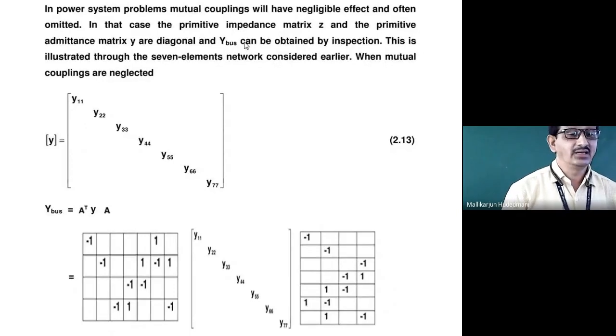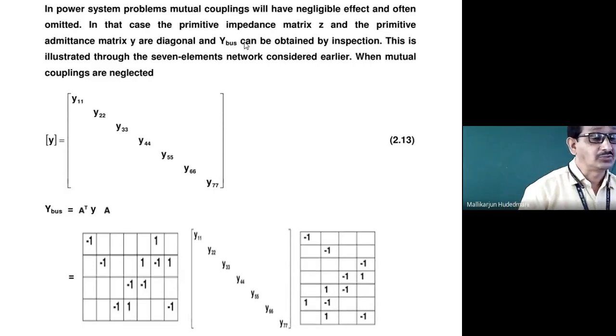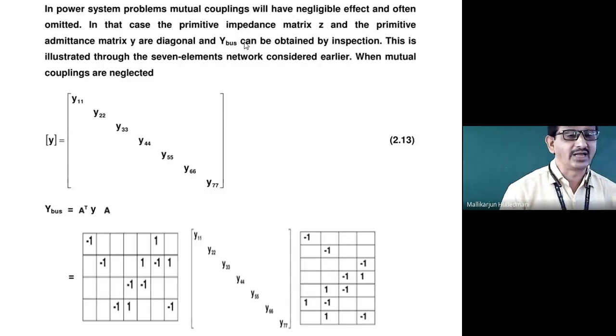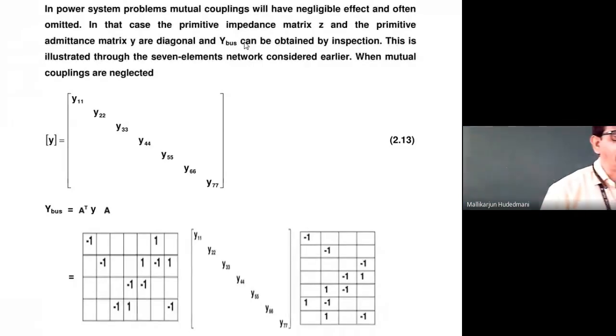Now A transpose into Y primitive into A. I have to reduce this mathematically. As you have a product of matrices, with their rule for number of rows and columns, I can reduce it.